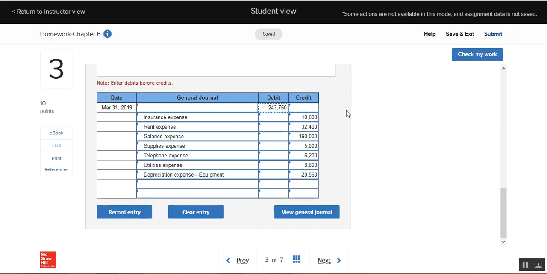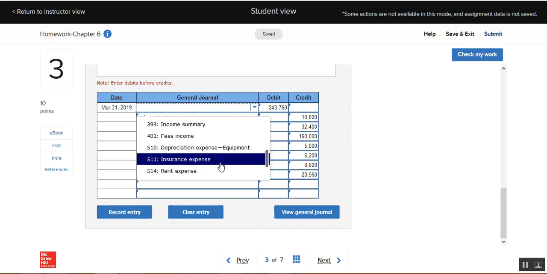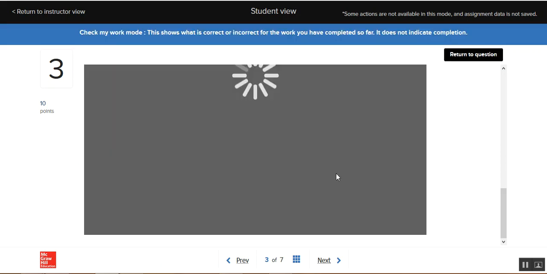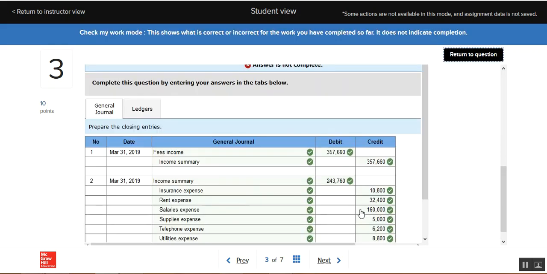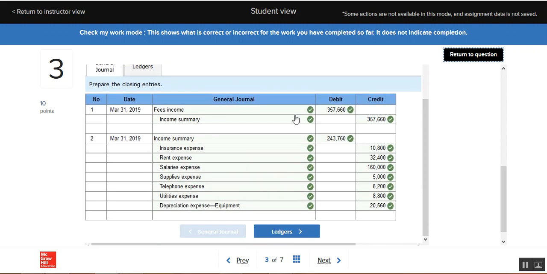And again, we're going to use that funnel account. We're going to pour all of these expenses into our funnel, which is income summary. And I'm going to check because I might not be able to do math today. Make sure I do my math right. So that's the first two entries. That's step number 1, close your revenues. Step number 2, close your expenses.